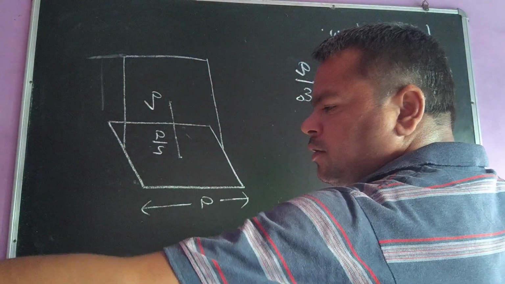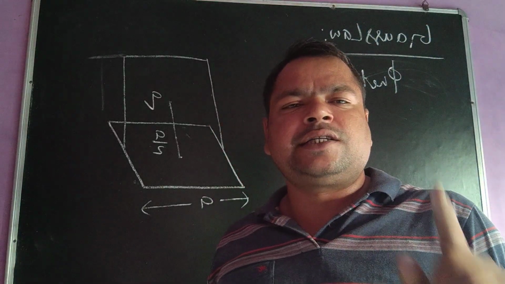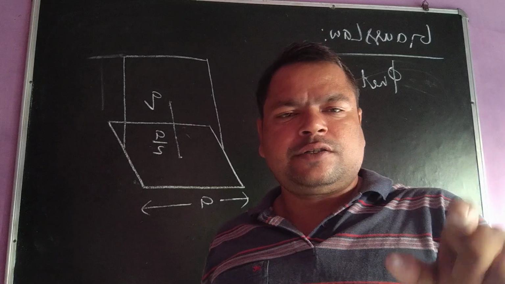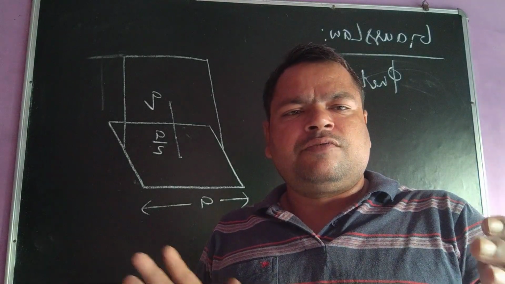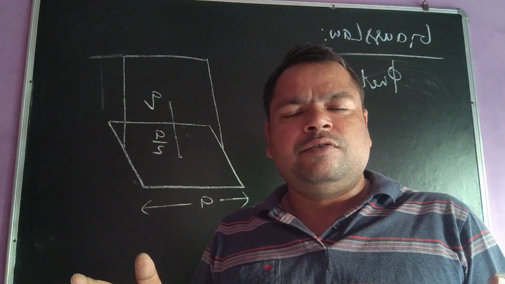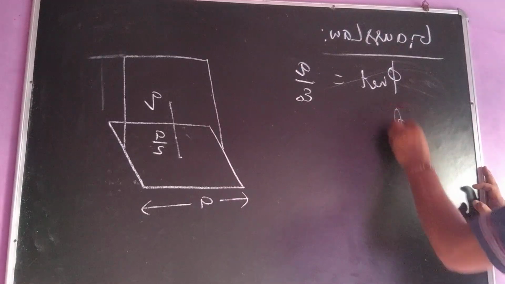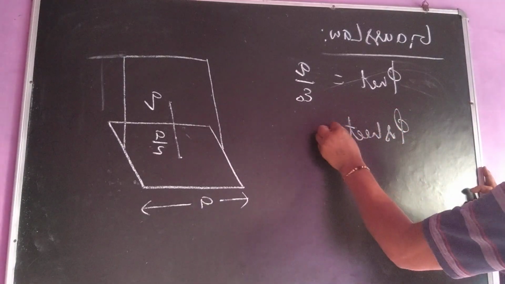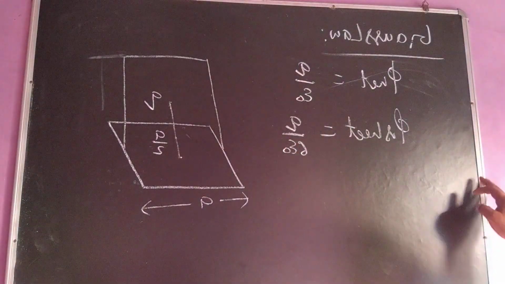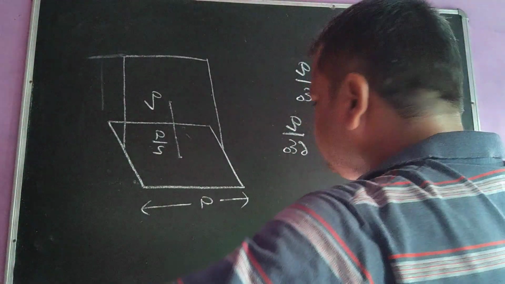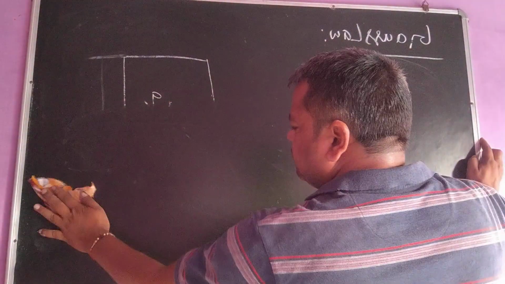So the flux through one surface will be Q by 6 epsilon naught. Why? This cube has 6 faces and the flux through all the faces is equal. So we will divide the total flux by 6. So the flux through the sheet will be Q by 6 epsilon naught. Okay, I think you have understood this question.